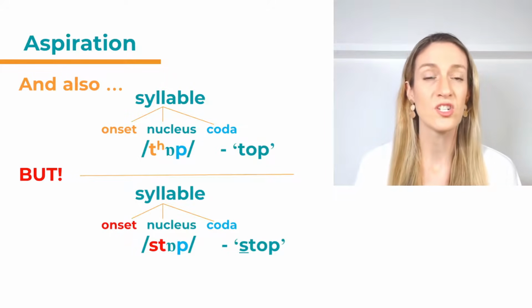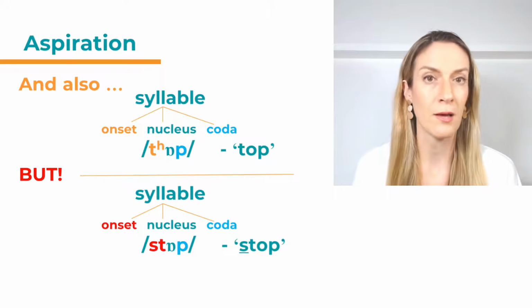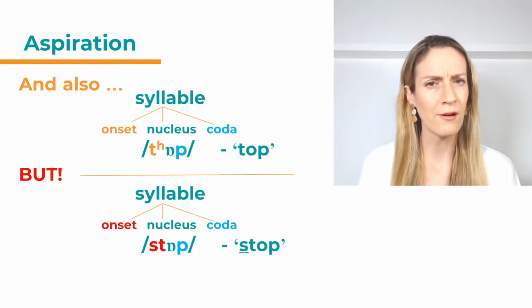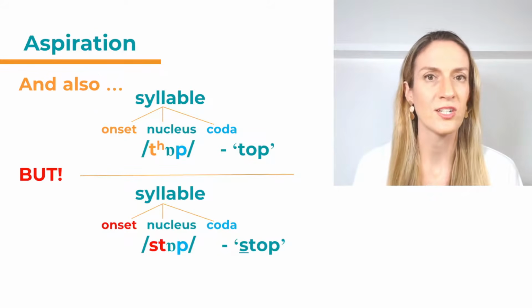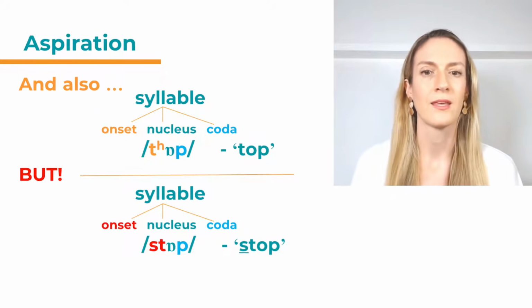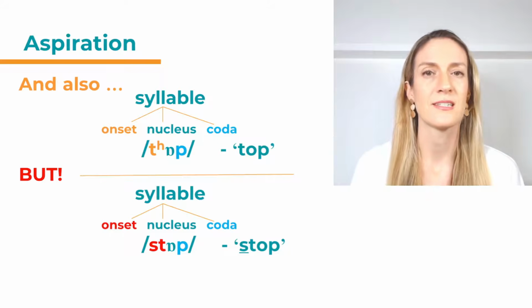Here is another example. We have the word top, and here, yes, very often we have aspiration with t, top, top. But in the word stop, again, there's an s now accompanying the t, so it's not alone anymore. St forms the onset, and there's no aspiration. Stop. Chop, stop.